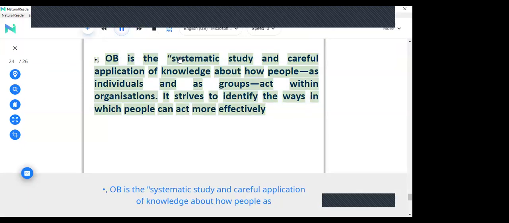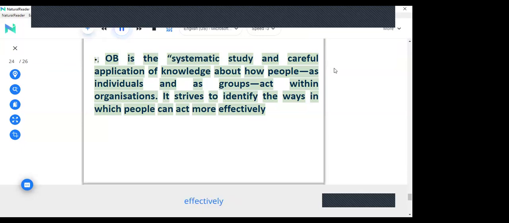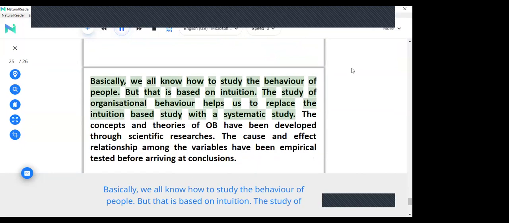OB is the systematic study and careful application of knowledge about how people as individuals and as groups act within organizations. It strives to identify the ways in which people can act more effectively. Basically, we all know how to study the behavior of people, but that is based on intuition.